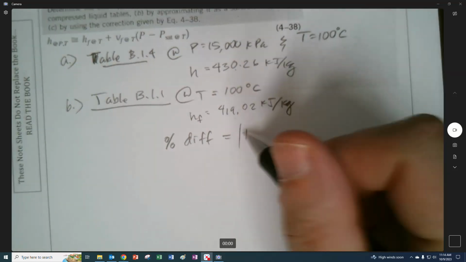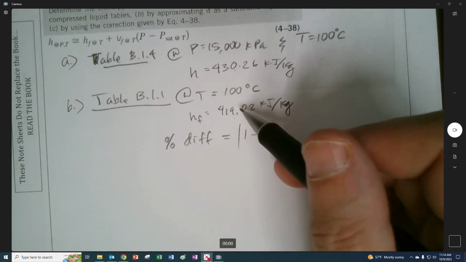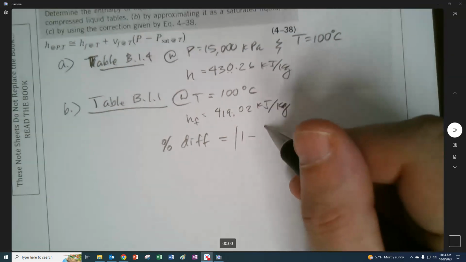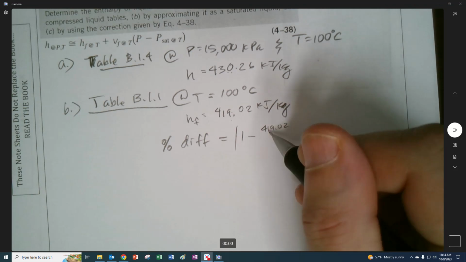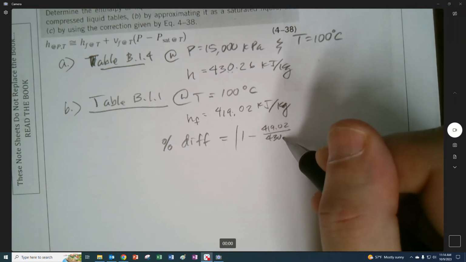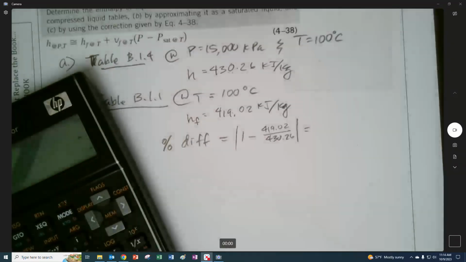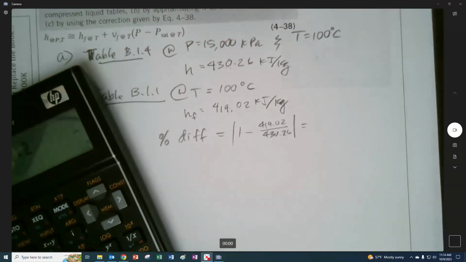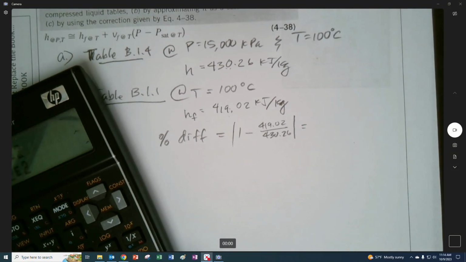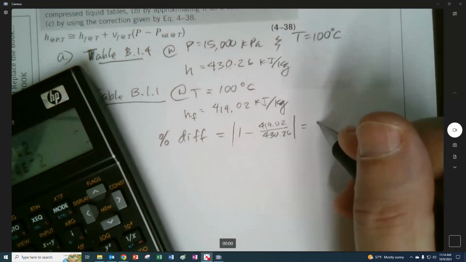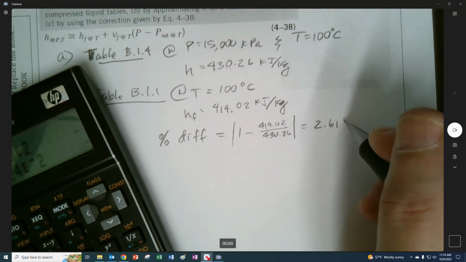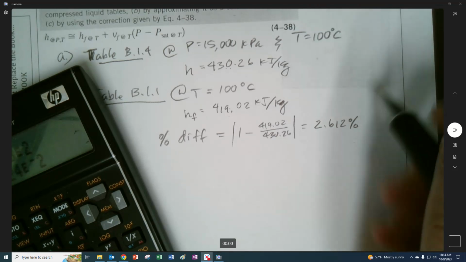So here, I'm going to take the absolute value of this one divided by the correct one. So 419.02 over 430.26, subtract 1, and that's a 2.612% difference.